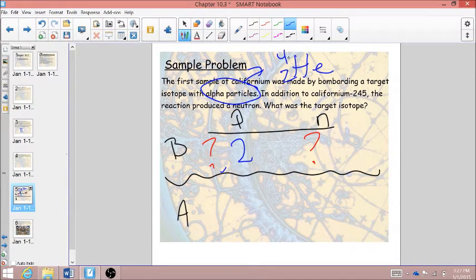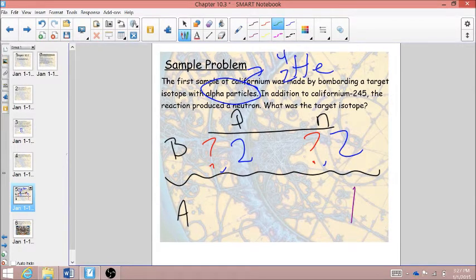So if it has 4 protons and neutrons, and we know it has 2 protons, it must have 2 neutrons. I just took 4 minus 2, and I got 2. Now, in the after scenario, we have californium-245 and a neutron. So this little neutron is just a standalone all by himself over here.